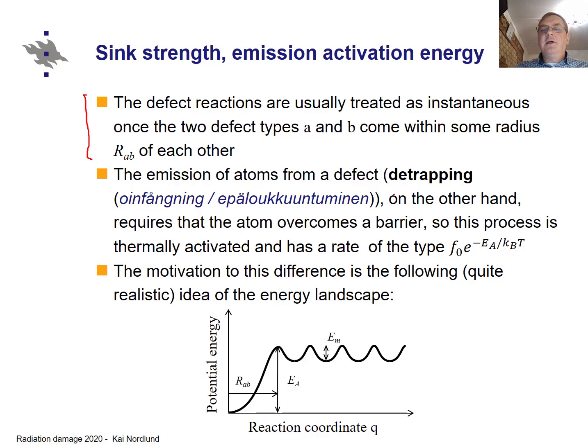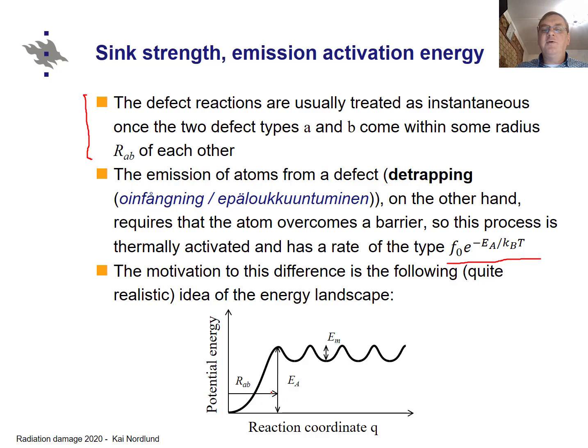The de-trapping, on the other hand, is definitely not instantaneous because it has some probability, and the atom needs to overcome a barrier, and this barrier often can be described with a thermally activated Arrhenius-like process. And one can understand this asymmetry by looking at the potential energy landscape curve.